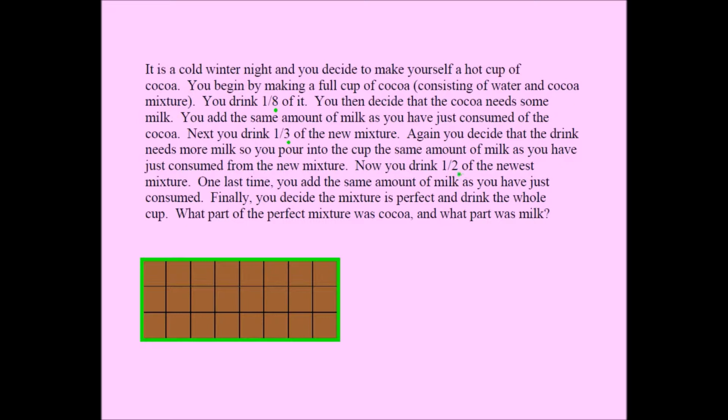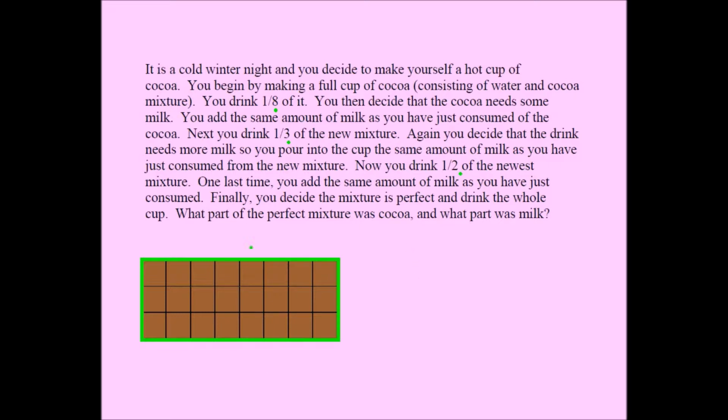I also want to guarantee that I can express 1/2, but 8 is a multiple of 2, so 2 divides 8. Therefore, 3x8 or 24 is a good choice because I can find 1/8, 1/3, 1/2 of 24 fairly easily. That's the justification for the choice for the size of my 1 cup of cocoa.